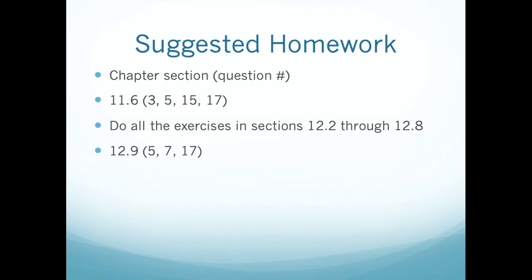That's pretty much how my review sessions work. It's kind of student driven. You have to go through that study guide and the practice exams to get a feel for what you need to work on, and only then can I really help you with it. Okay, so that's my last parting piece of advice in terms of getting ready for the final.